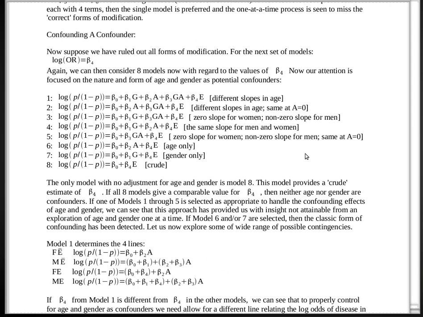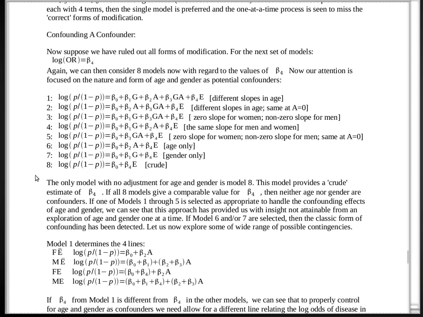Our attention is focused on the form and nature of age and gender now as potential confounders. Now here I'm listing the 8 models again that might be under consideration. Here is the most elaborate, where we have different slopes in age.